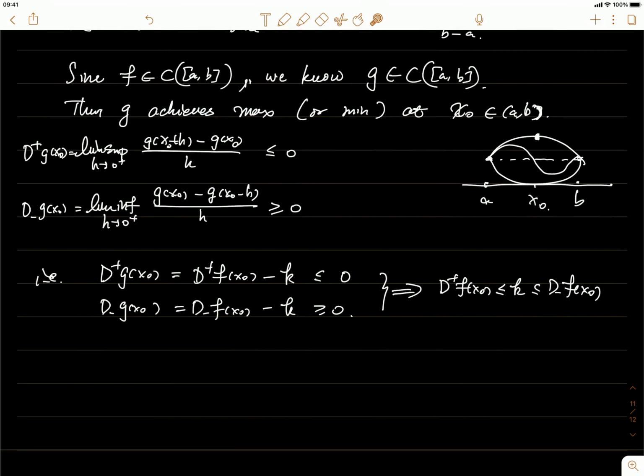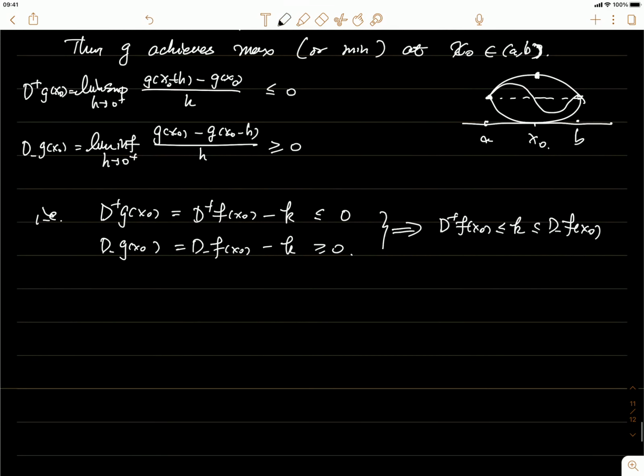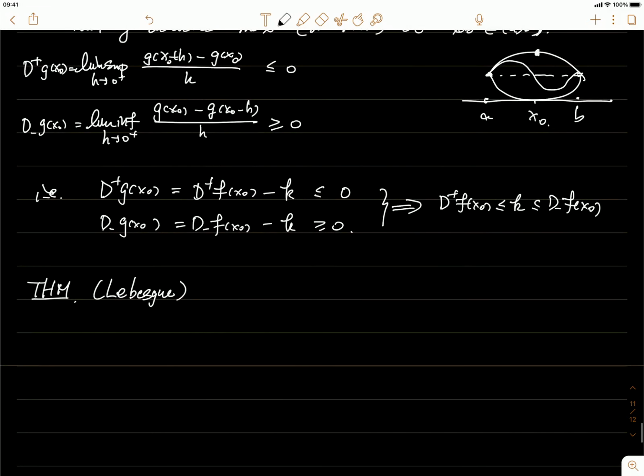And next, we're going to give the result of the Lebesgue theorem. It's a pretty simple theorem.